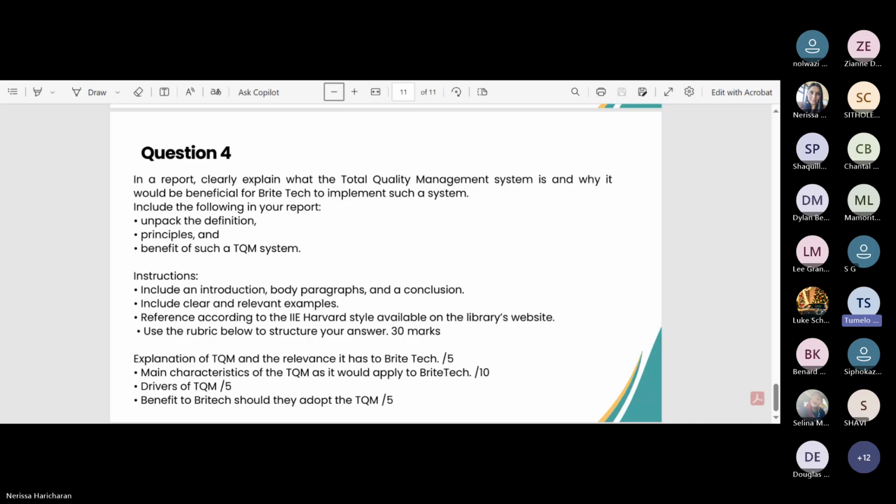So I want to ask, especially with the body, because most of the time the body is what has most of the information, should we go according to each point? So we start with the explanation, then the main characteristics, then the drivers of TQM, or can we do it in our own way as long as it flows?